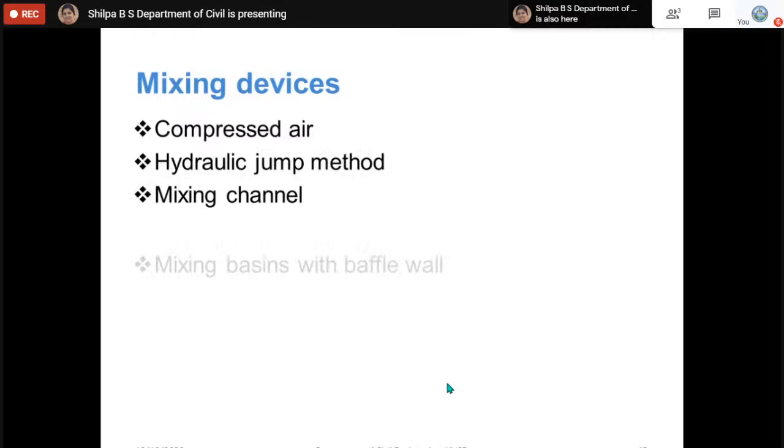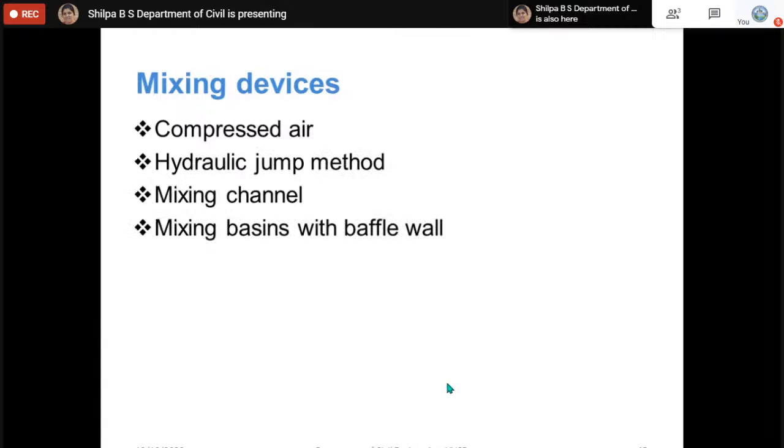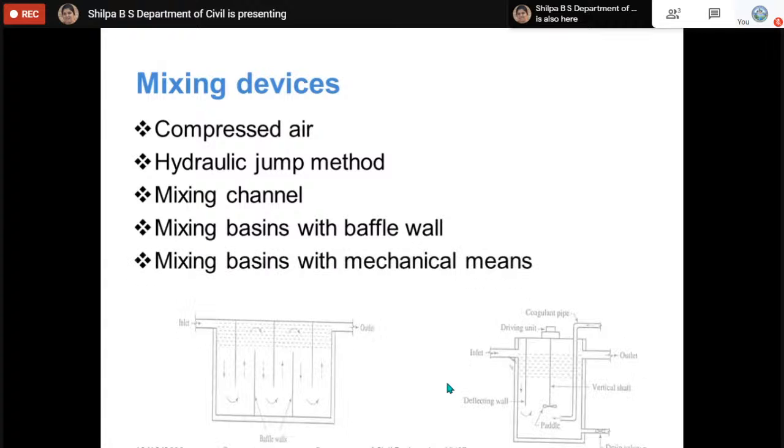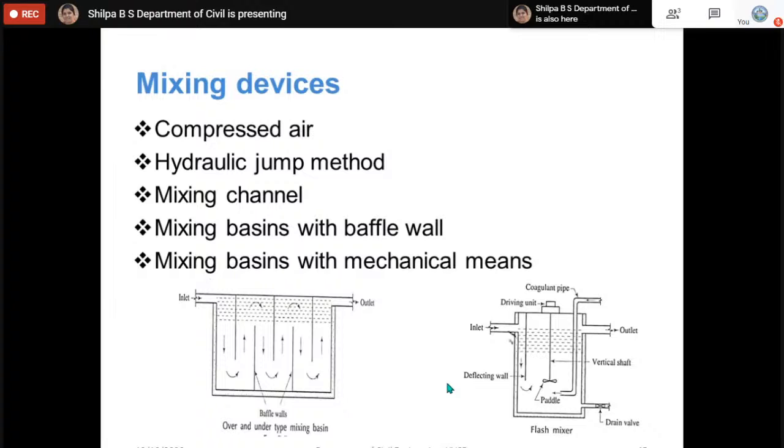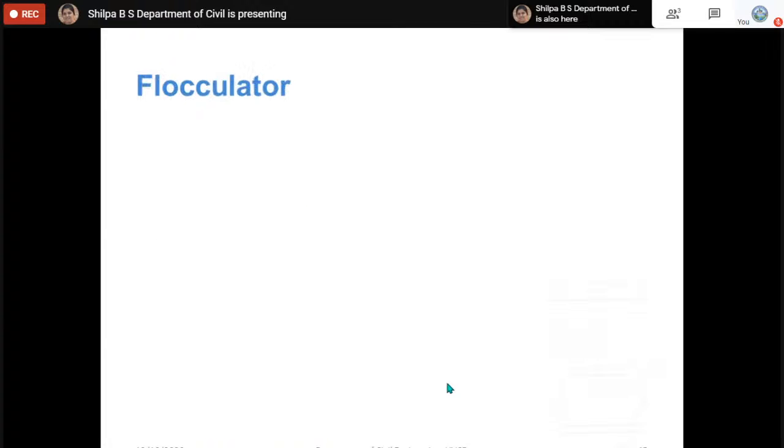And the mixing devices used in water treatment are compressed air, the hydraulic jump method, the mixing channel, the mixing basin with baffle valves, and the mixing basin with mechanical means. The last two are the most commonly used in water treatment plants whenever we are treating on a large scale.